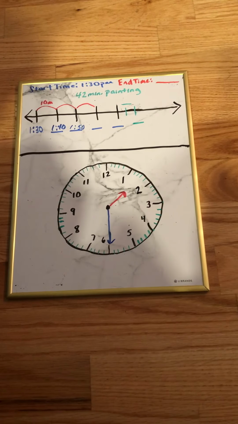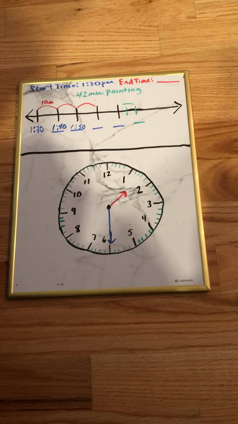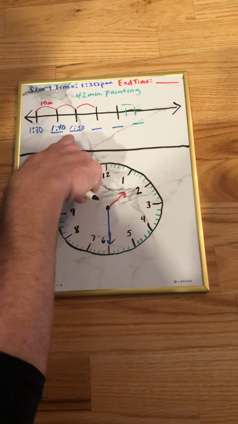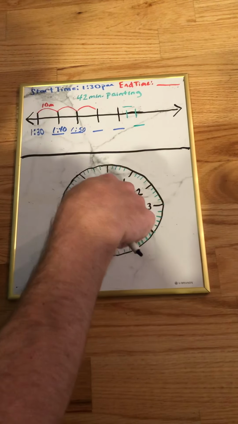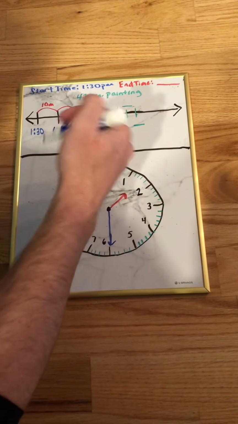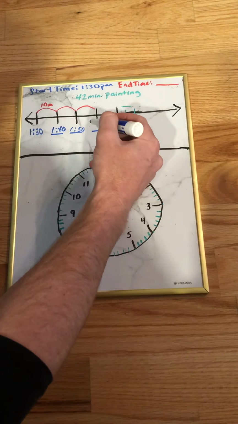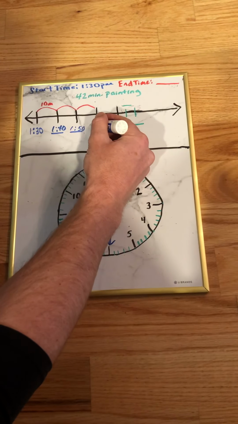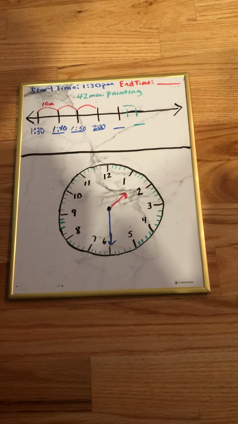No, that's not it. So what do I need to do? I hope you guys are thinking out there. If I have to go from 1:50, it's not 1:60 because there's 60 minutes in an hour. What do you have to do? You have to jump up to the next hour. So from 1:50, if you jump 10 minutes, it is officially 2 o'clock.